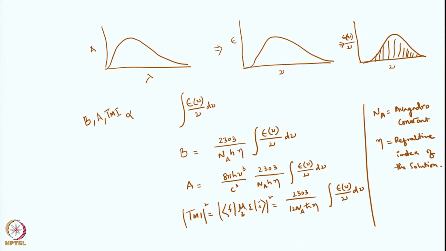One thing that you must remember: the refractive index of the solution is not the same as the refractive index of the solvent. Of course, if you use very low concentrations, then you can approximate the refractive index of the solution as equal to the refractive index of the solvent. So, this is what we looked at in the last lecture.